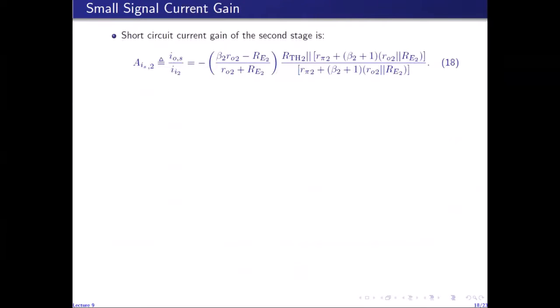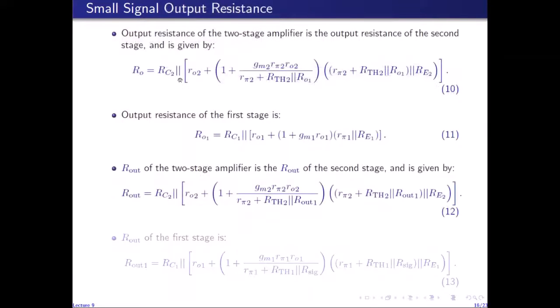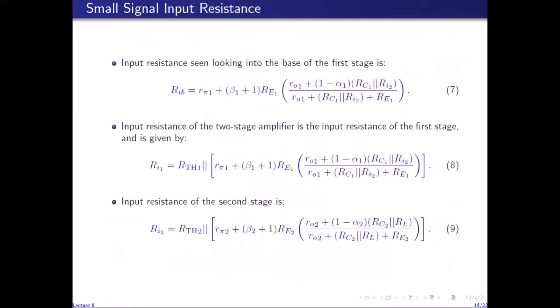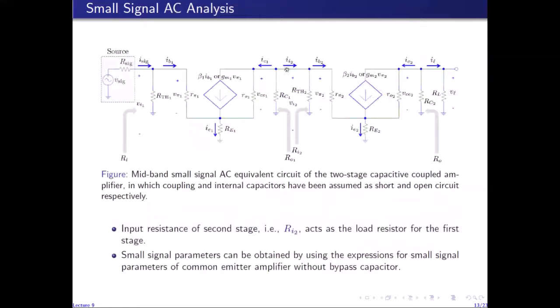Similarly, we can use the expressions we obtained for the common emitter amplifier without bypass capacitor for the short circuit and overall current gain of the configuration. So the short circuit current gain of the second stage is the output short circuit current divided by the input current. The input current has been labeled as I subscript I2. So this is the input current.